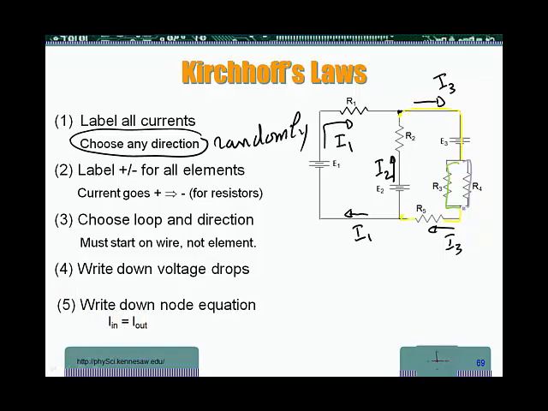Those are going to be two different currents. Let's call the green one I5, and I'm going to label it like this. And the purplish one, let's call it I4.